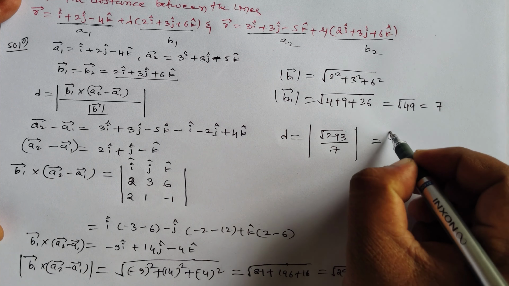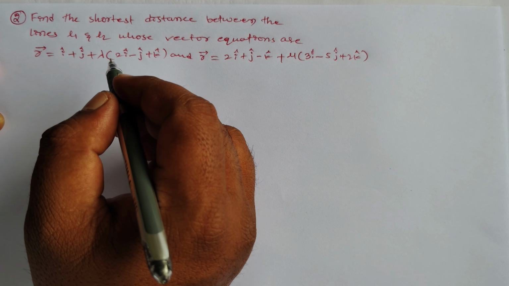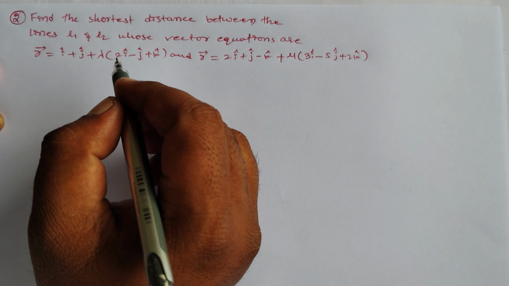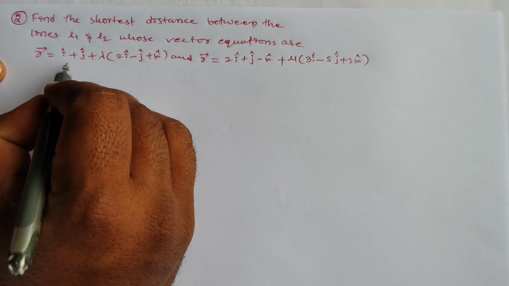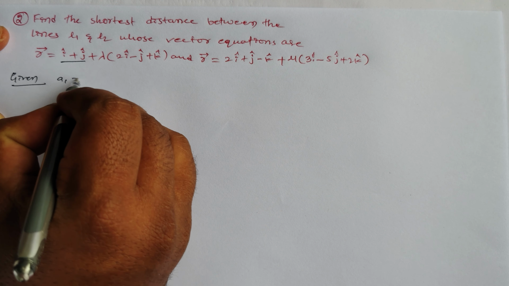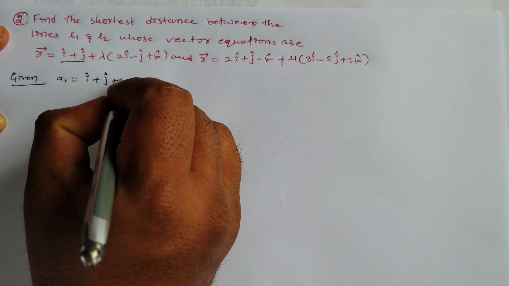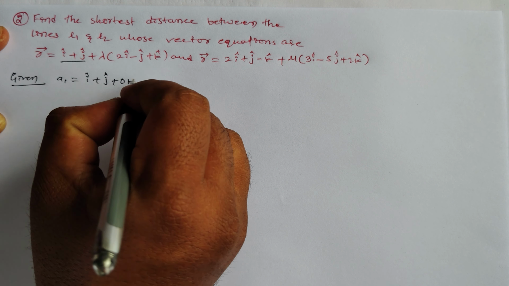Next, second question. Find the shortest distance between lines L1 and L2 whose vector equations are given. See, this is A1. The given vectors: A1 equals i plus j plus 0k. Next, B1 equals 2i minus j plus k cap.